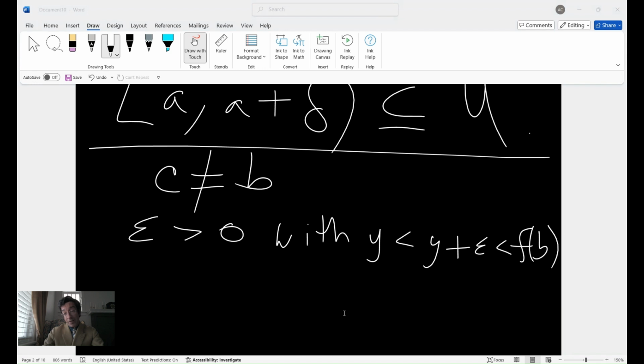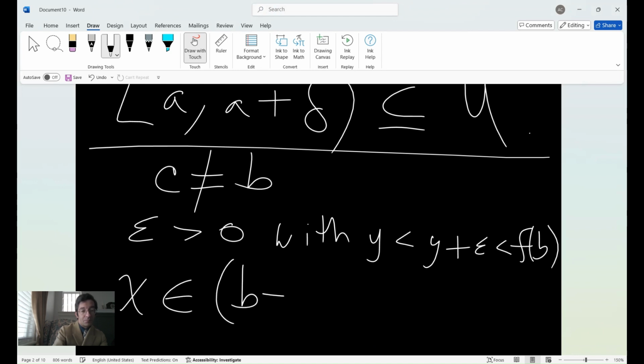And what we see here is really a mere morsel of continuity. This really grants us a delta that is greater than 0. So now any x that is an element of b minus delta and b has to satisfy f of x being greater than y.